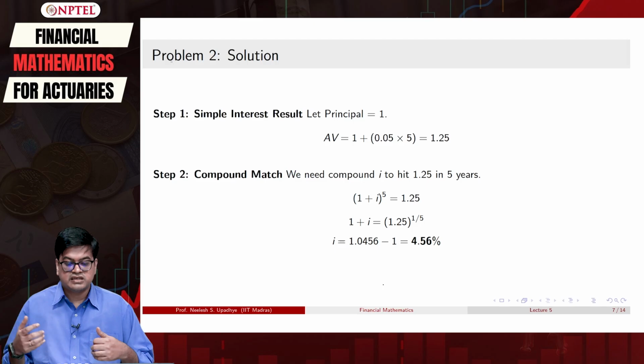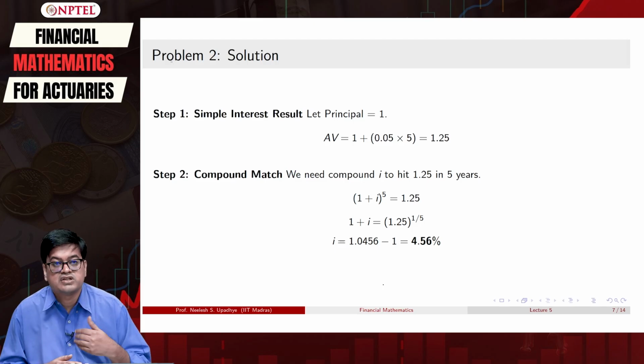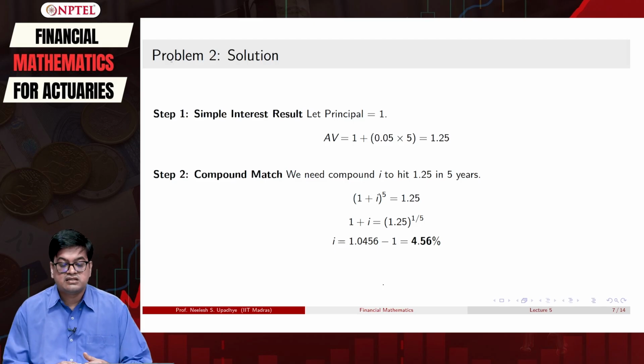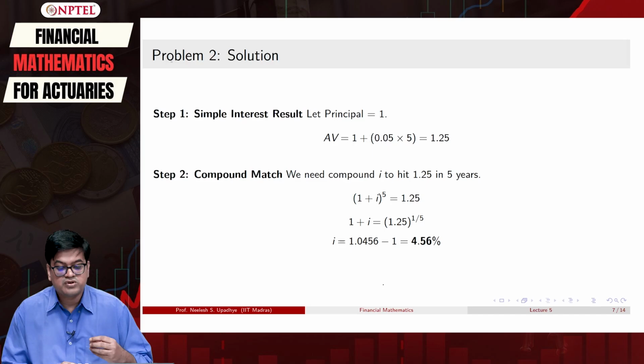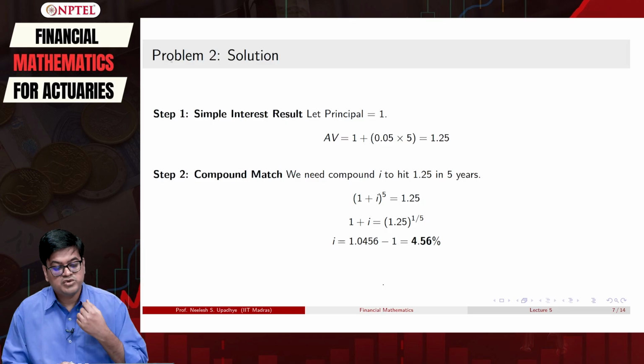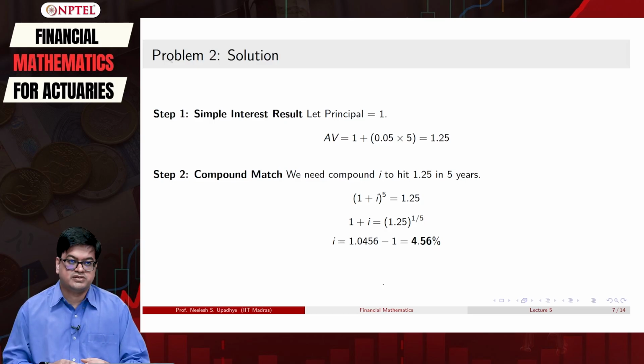In this case, we are essentially looking for the interest rate, and the interest rate required for compound interest to reach a certain level will be smaller than the interest rate required for simple interest to reach it.